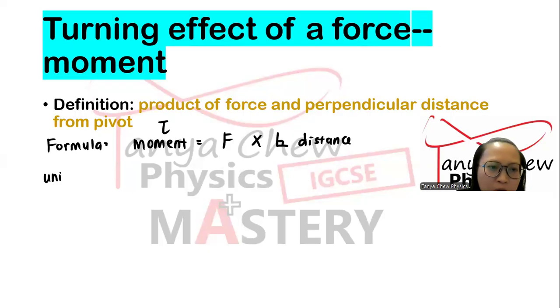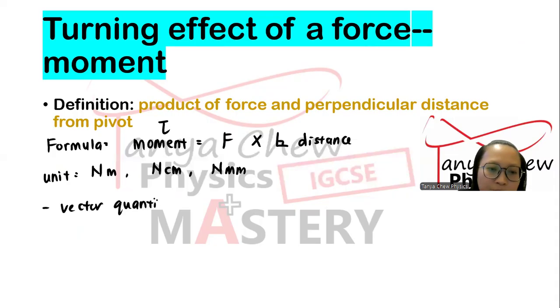The unit of moment could be newton meter, newton cm, newton mm. It all depends on the perpendicular distance. Bear in mind, moment causes the object to turn. So moment itself is a vector quantity. So the object can only turn in two directions, right?